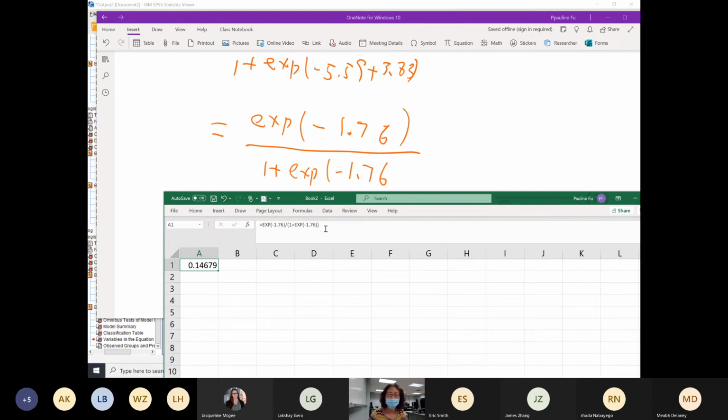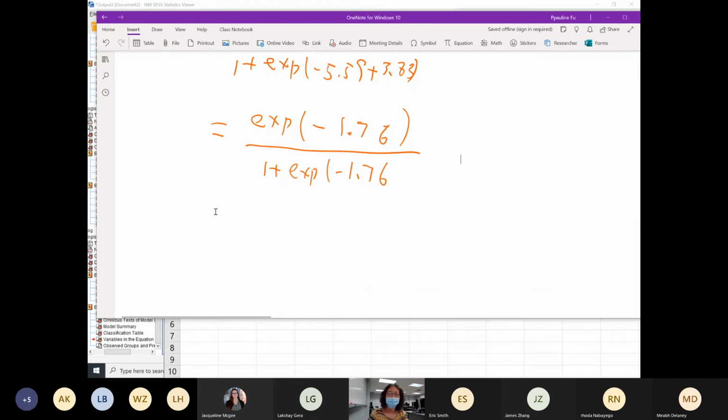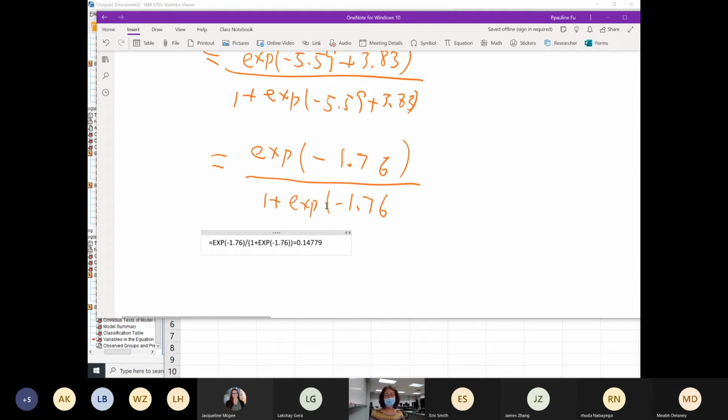So I just want to copy this. So this is the answer for question C, prediction.